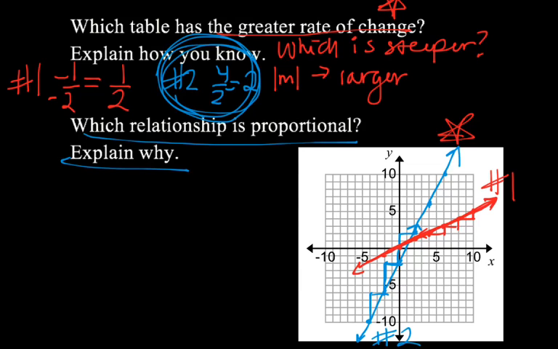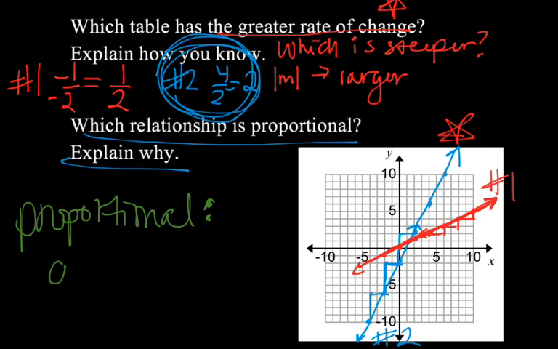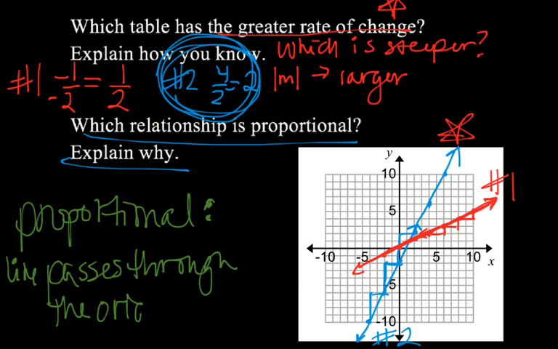Which relationship is proportional? Explain why. So, a reminder for proportional, a couple things have to happen. Well, actually, the largest thing has to happen is the line passes through the origin, which is 0, 0.